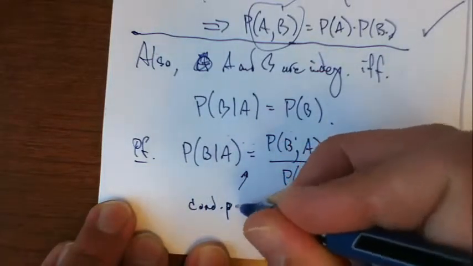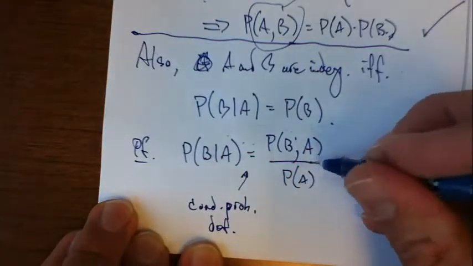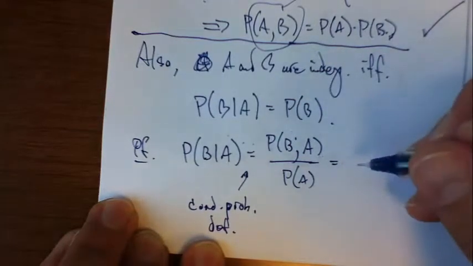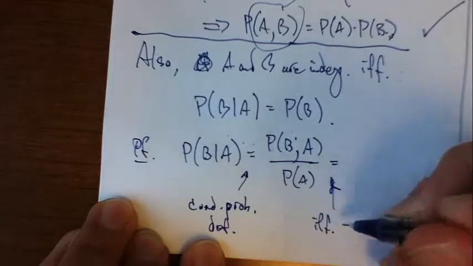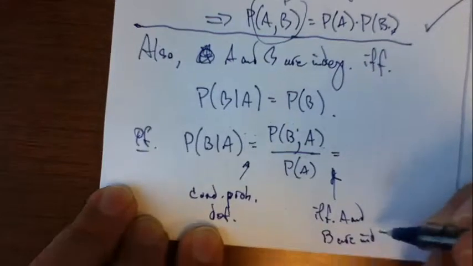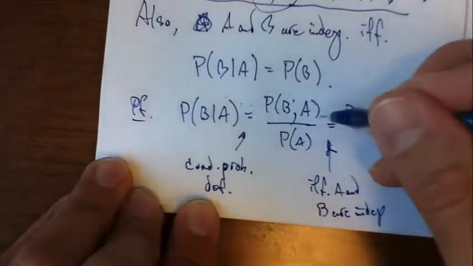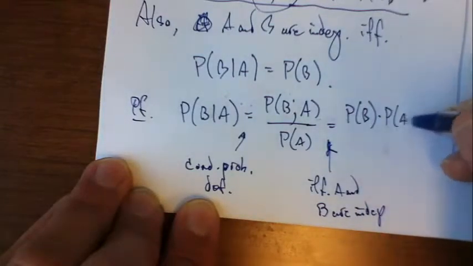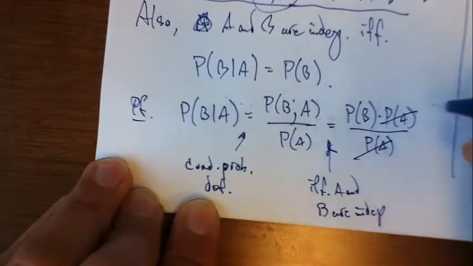Now, if we assume independence, then I can write this top as the chance of B times the chance of A. Divide that by the chance of A and get canceling, and there we have it, folks.